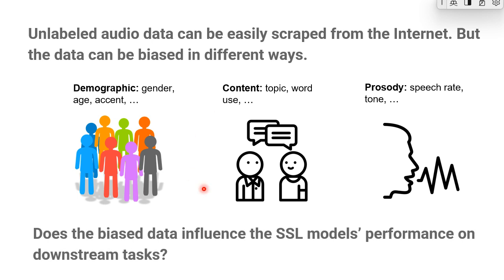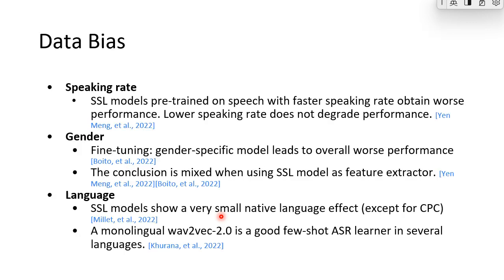Does biased data influence the SSL model's performance on the downstream tasks? There is some research about the influence of data bias on self-supervised models. One is the influence of speaking rate on the self-supervised model. There is a paper studying the influence of speaking rate on the self-supervised model.